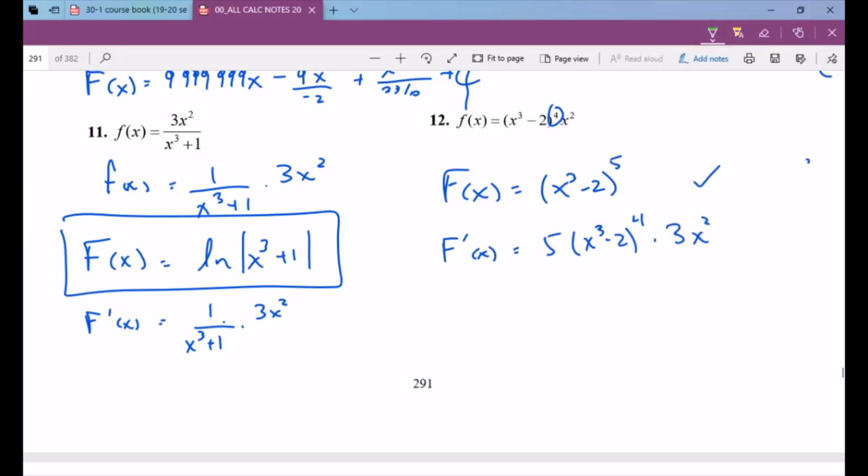So parts of this are correct. This part is all good. This part is all good. What's missing in our question here is this 5 and this 3. So what must we have had to have? Well, we had to have divided the 5 away.